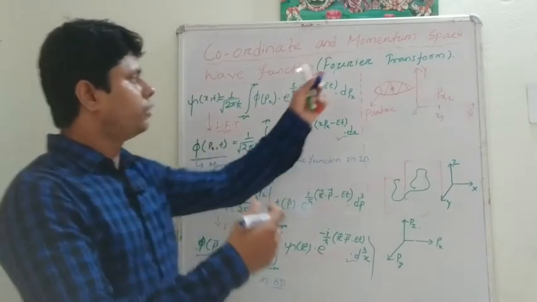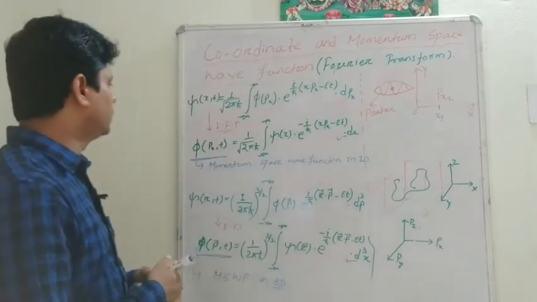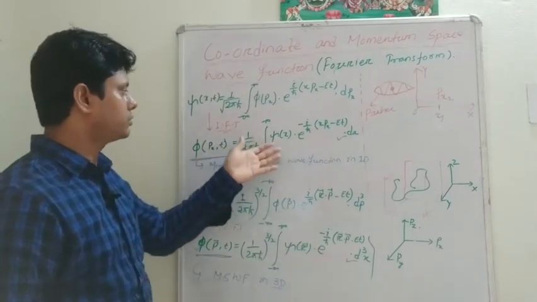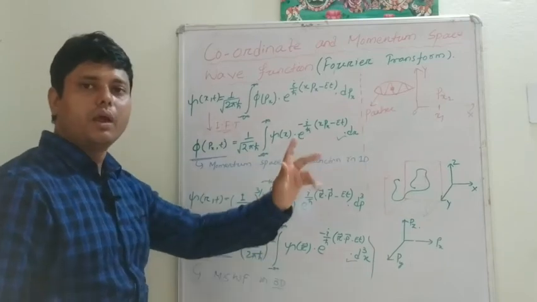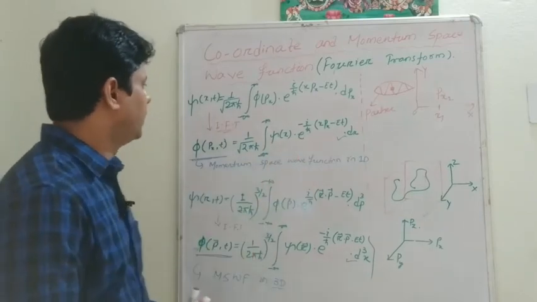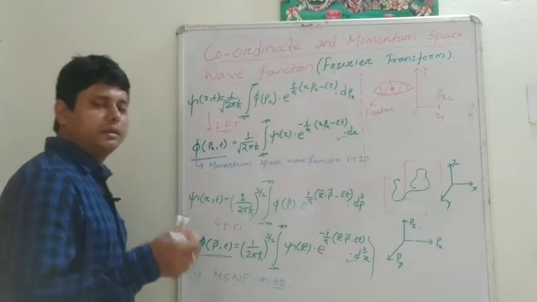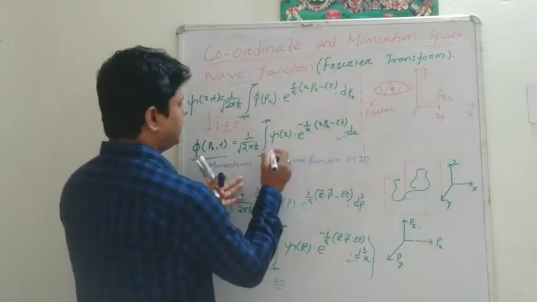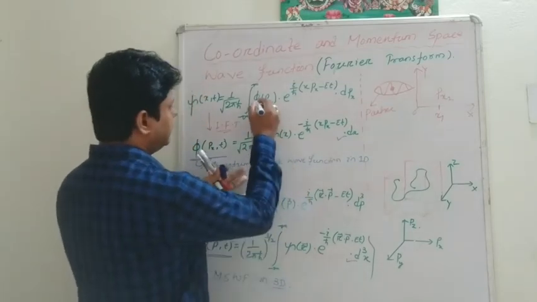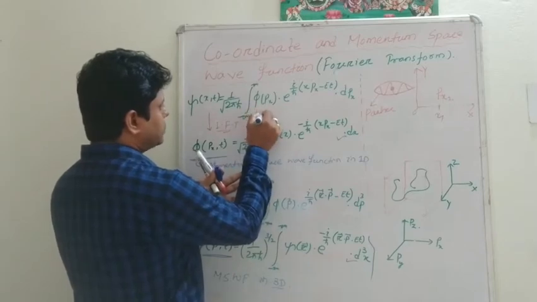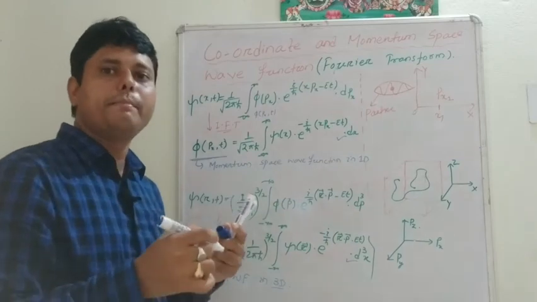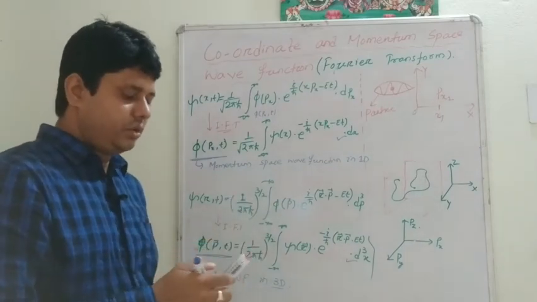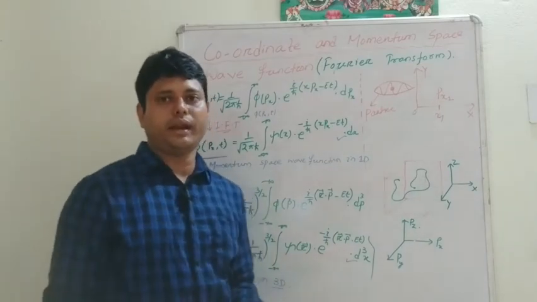So by using Fourier transform, we found the momentum space wave function of a particle in one dimension will be this one and this one. One thing I want to share with you is that some books have written phi as a function of px and t. So anyway you can write, no problem.